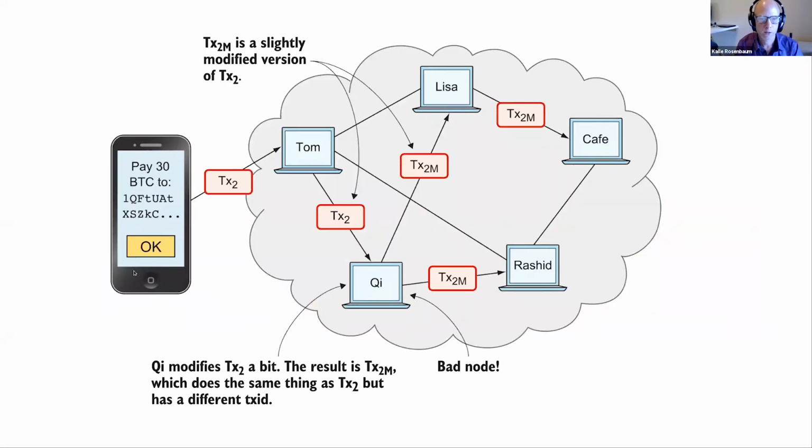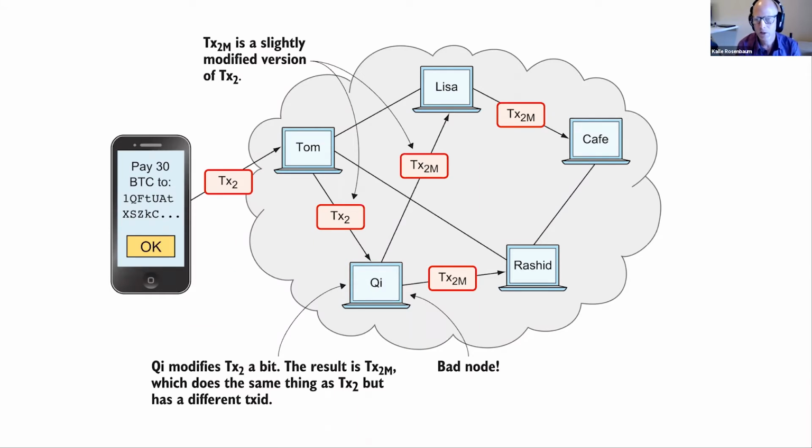So you broadcast transaction 2 like this, and this transaction propagates the network, but this node here is a bad node. She wants to make your life hard. So she takes this transaction and modifies it in tiny, subtle ways so that the effect of the transaction is exactly the same.